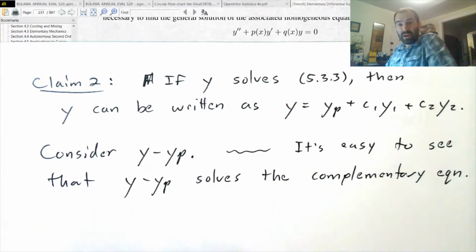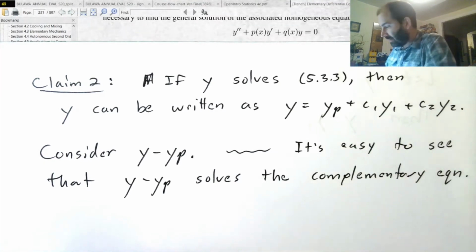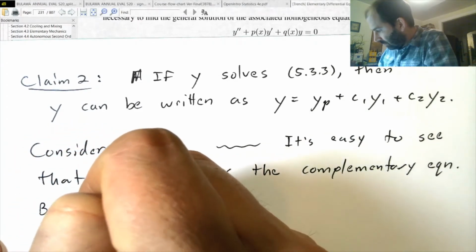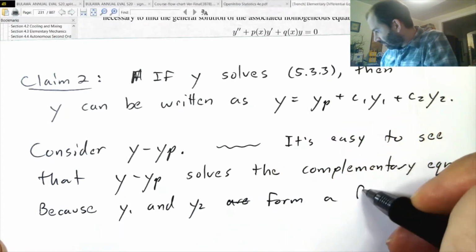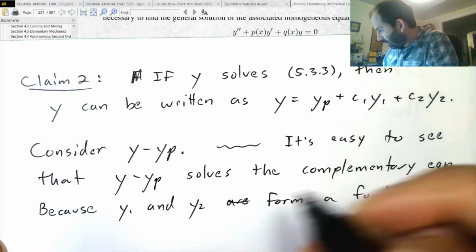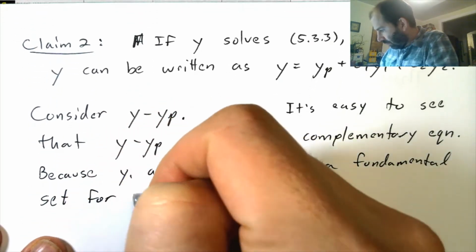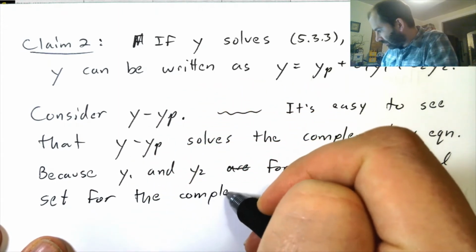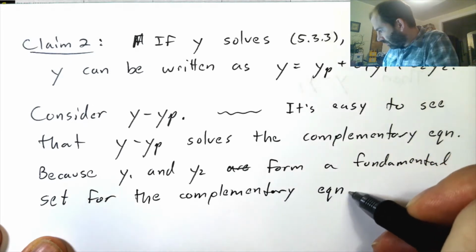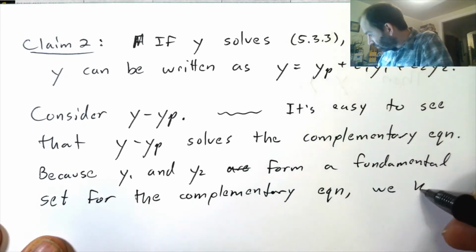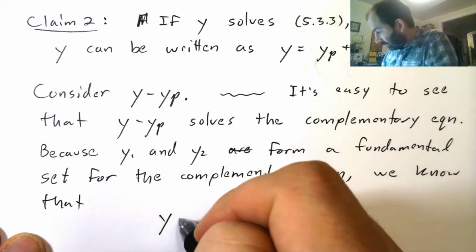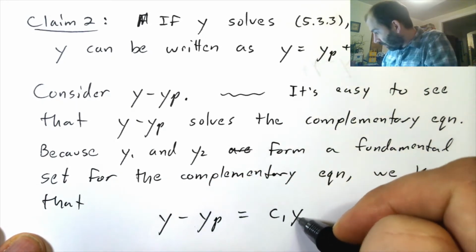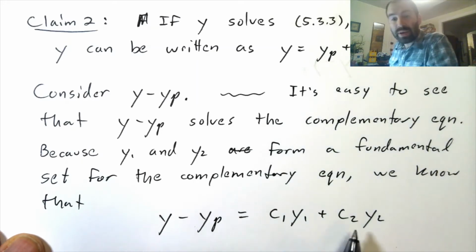Because it solves the complementary equation, and because y1 and y2 form a fundamental set for the complementary equation, we know that this guy can be written as a linear combination of them: C1 times y1 plus C2 times y2 for some constants C1 and C2.